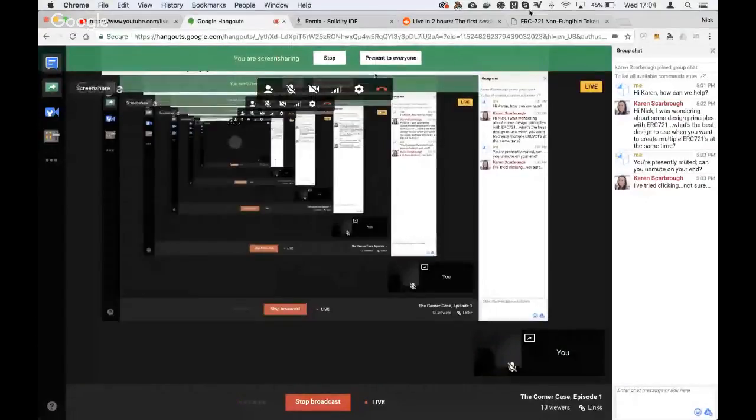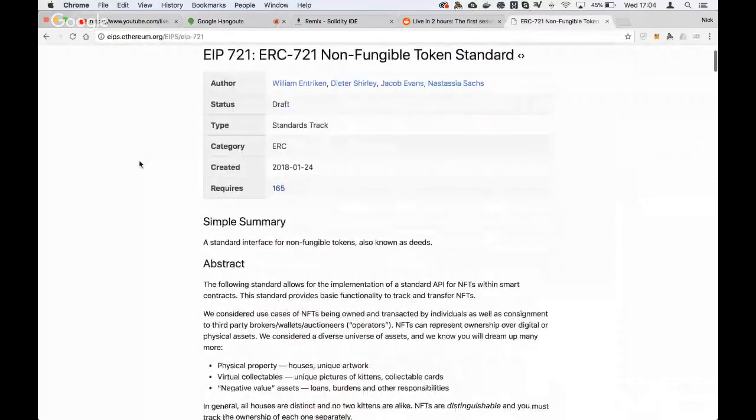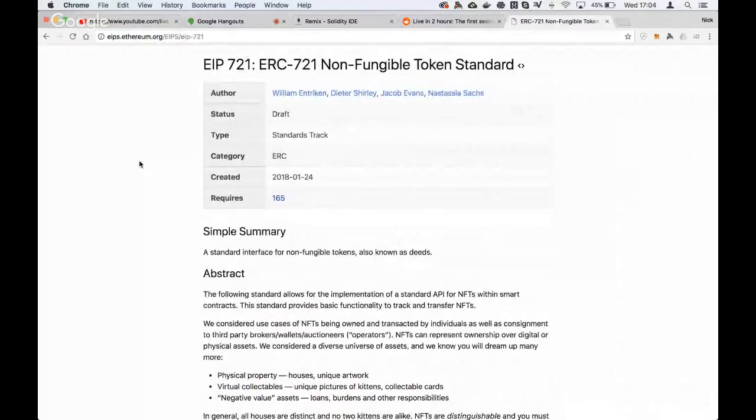Karen's question is, she says she's wondering about some design principles with ERC 721. What's the best design to use when you want to create multiple ERC 721s at the same time? So let's start by having a look at 721 itself. 721 is the non-fungible token standard as used famously by CryptoKitties and possibly others.